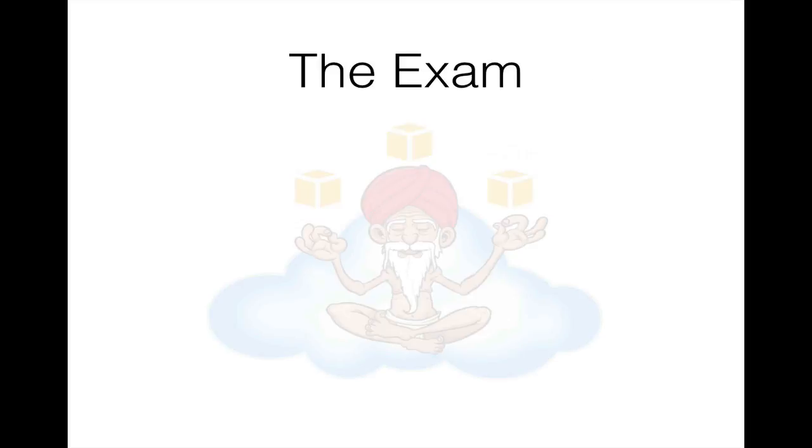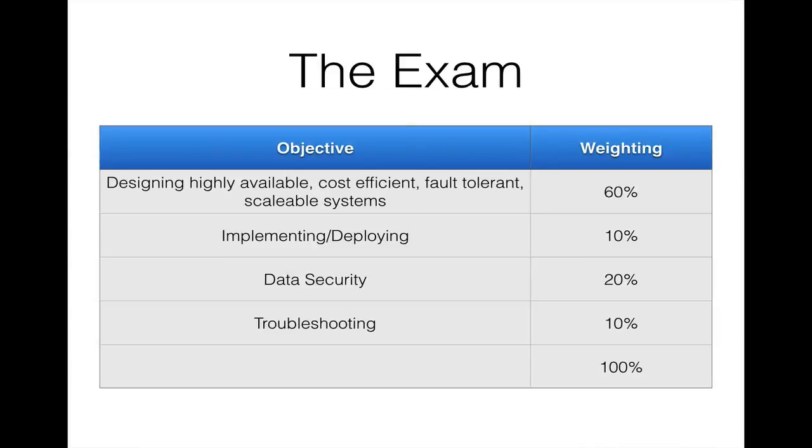But basically the table that is most important is this table, which gives you the four different objectives of the course as well as their weighting. Now obviously the most important one is designing highly available, cost-efficient, fault-tolerant and scalable systems, and that gives you a weighting of 60%.